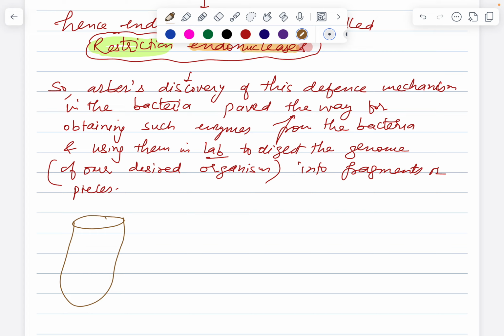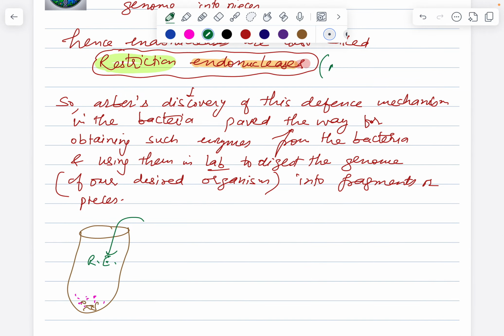Here's your test tube where you have the genome dissolved in small amounts of buffers. When I add restriction endonucleases, RE for short, in this test tube, what are they going to do? They're going to attach to this genome. On what?